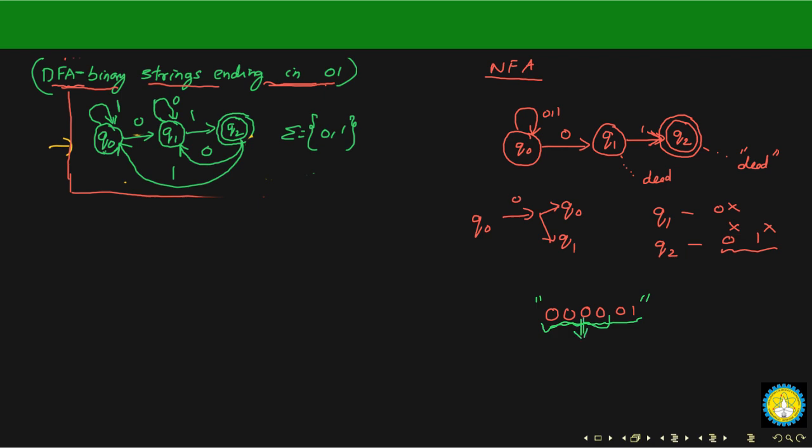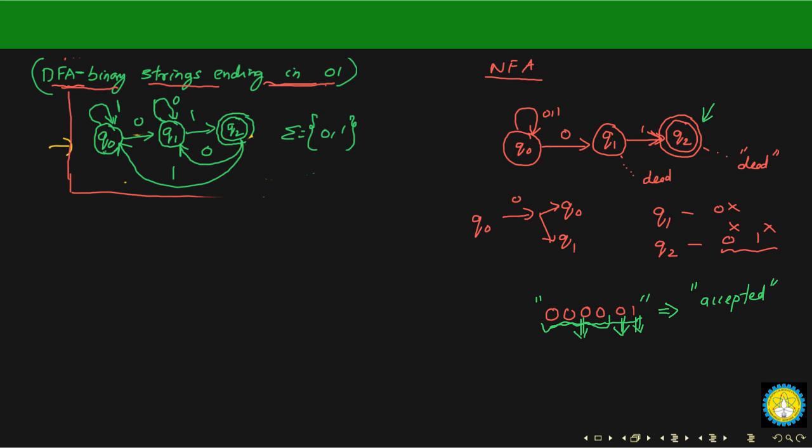I stay at the same place. Then when I see the last zero, suppose the NFA decides to move ahead, and then it sees a 1, it reaches the final state Q2. If you take that kind of path, then this binary string is said to be accepted.